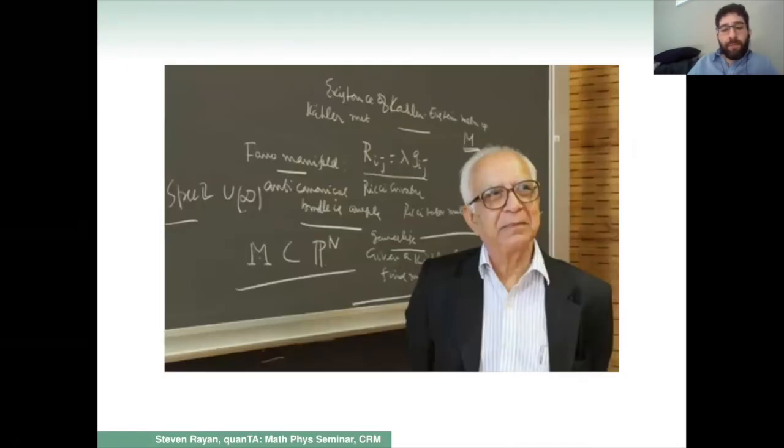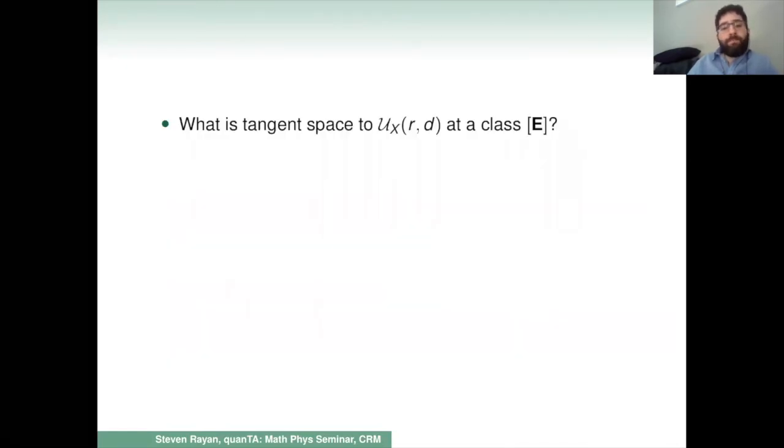Here is Narasimhan. Now, I could ask a very basic question about this moduli space of stable or semi-stable holomorphic bundles. What is the tangent space to this moduli space at some bundle? That's an isomorphism class of bundles. And if we can answer that, it would also tell us the dimension of the moduli space.